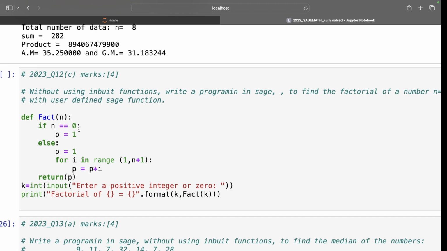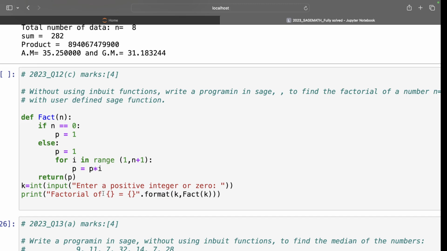If n equals 0, colon, p equal to 1, else colon, p equal to 1, for i in range 1 comma n plus 1 colon, p equal to p star i, return p. This is the definition of factorial n. k is the integer variable. Input: enter the positive integer or 0.